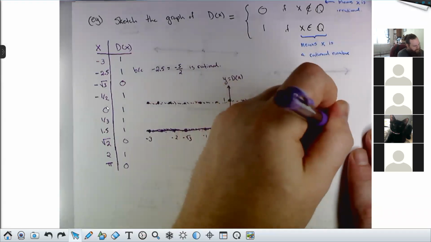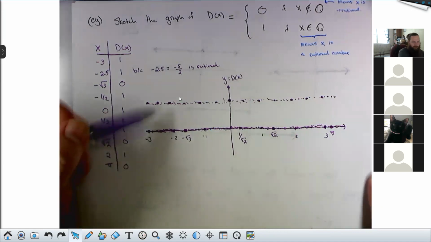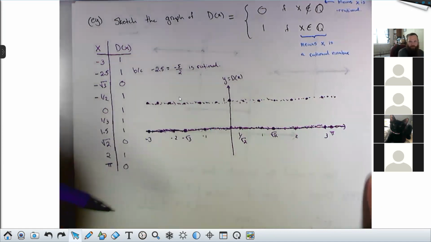So no matter how tiny an interval you choose to look at, you're going to find infinitely many points down here and infinitely many points up here. This is a weird function, isn't it? It bounces back and forth, back and forth, back and forth, infinitely fast.